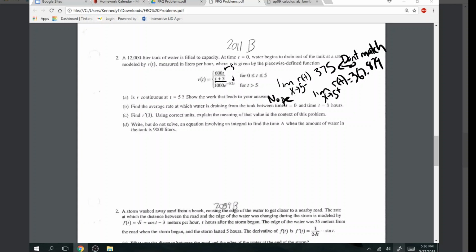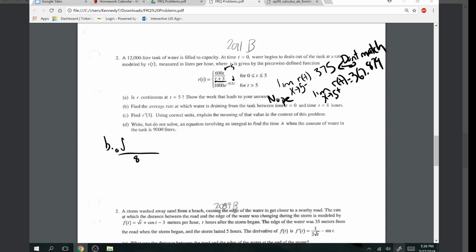We're finding the average rate at which water is draining from the tank from 0 to 8. So all we have to do here is integral divided by width from 0 to 8. So we're dividing by 8. But the janky part about this is we have two different integrals.